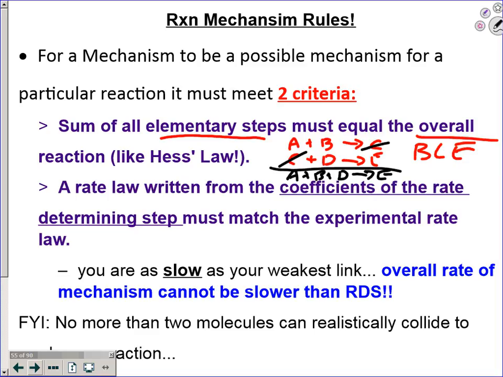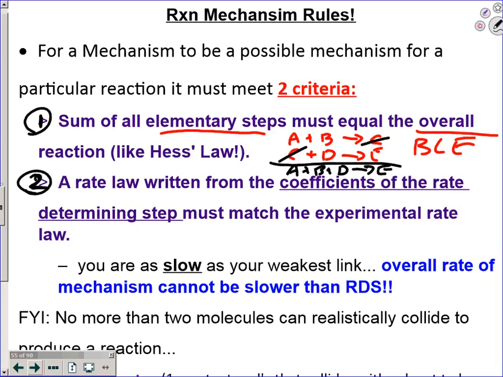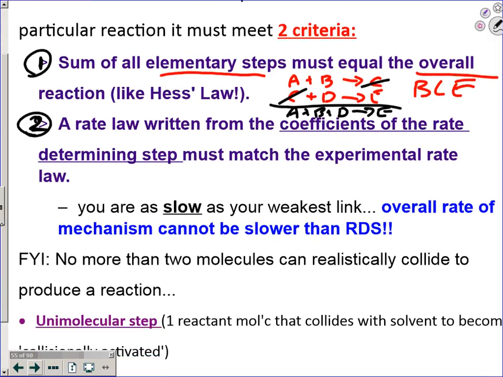The second criterion is that if you had the rate law, your rate law would match the slowest step of the reaction. What I mean by match is, if I had a rate law like rate equals k[O2] squared, what is this telling you about the reactants of the slow step?